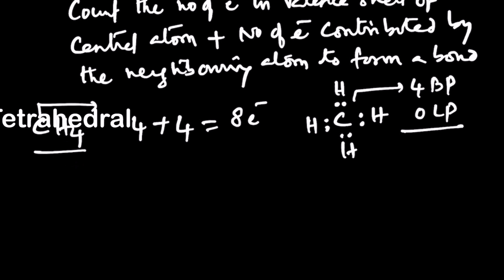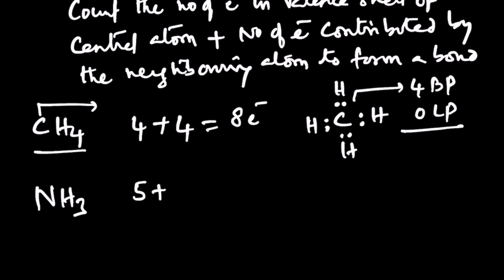Now let us take the case of ammonia. Ammonia central atom nitrogen has 5 valence electrons. Each hydrogen contributes 1 electron each. 3 hydrogens are there, 8 electrons. So around nitrogen, 1 electron pair with 1 hydrogen, second with another hydrogen, third with third hydrogen. Now there are no more elements.